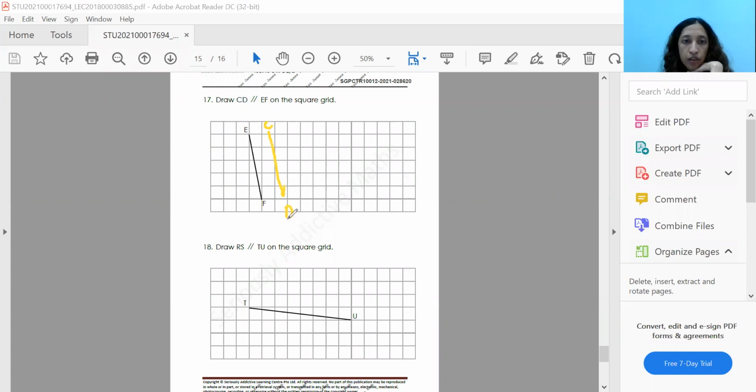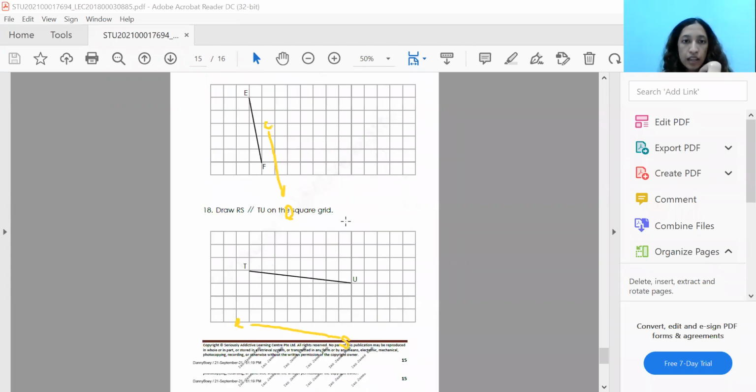The best I can draw it, okay? So that's one. And then draw RS parallel to TU. RS and TU. So RS is parallel to TU. Okay.